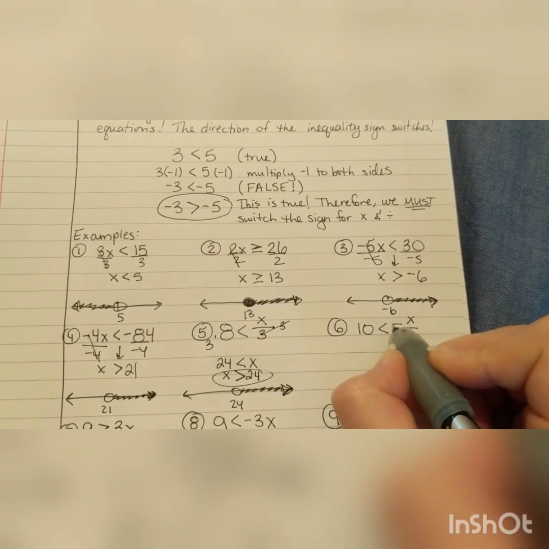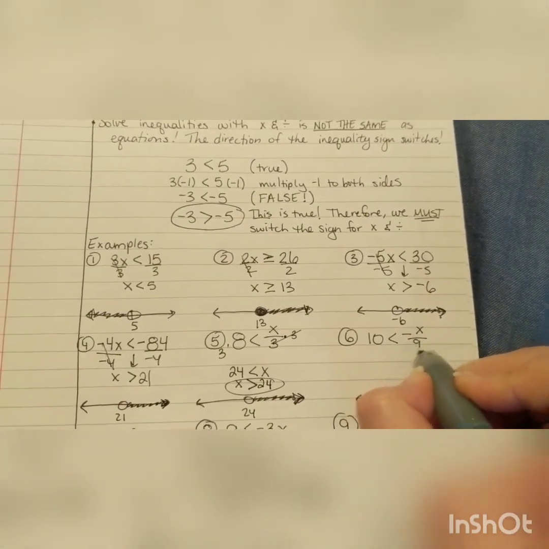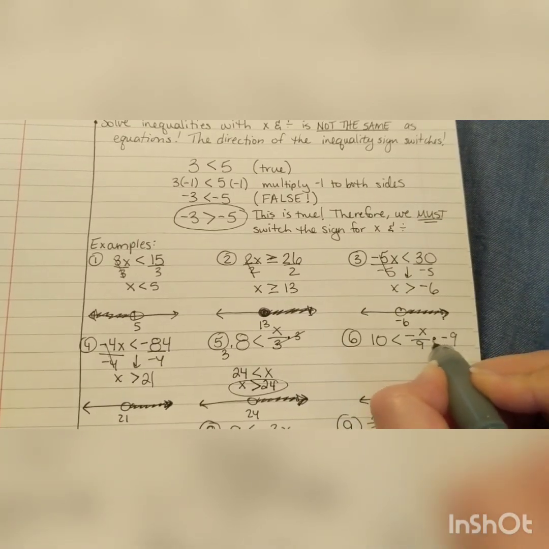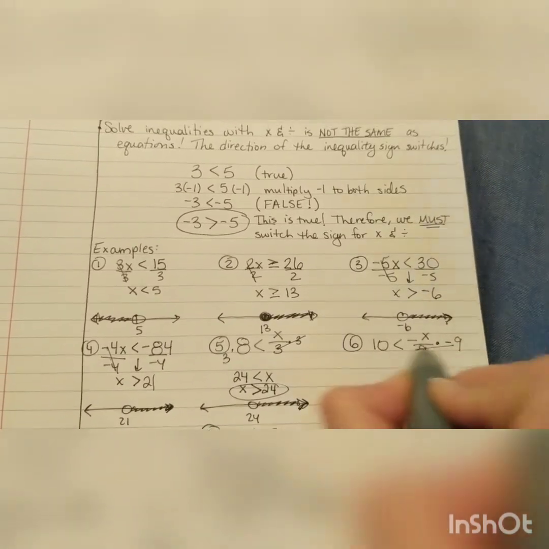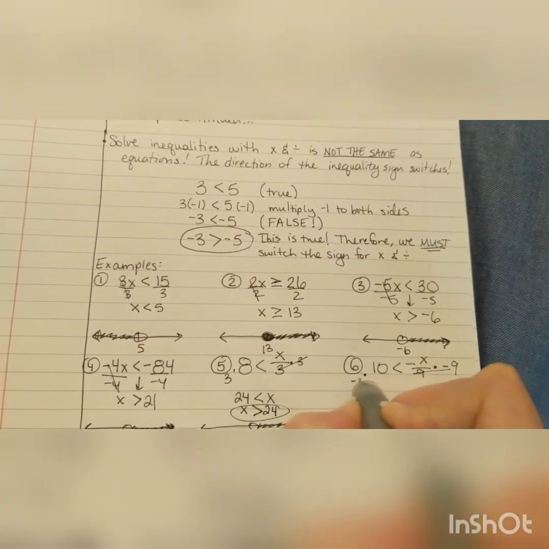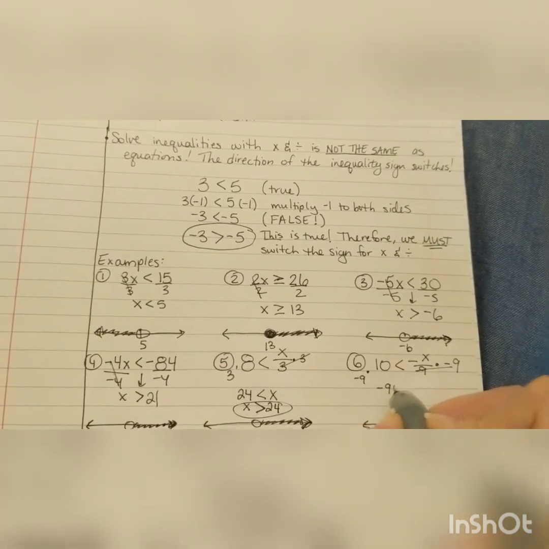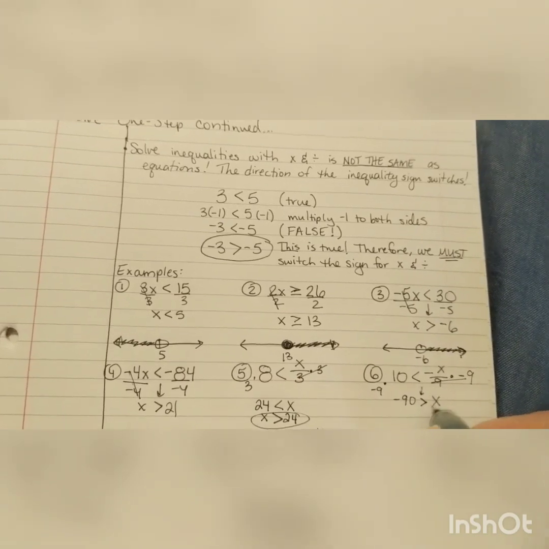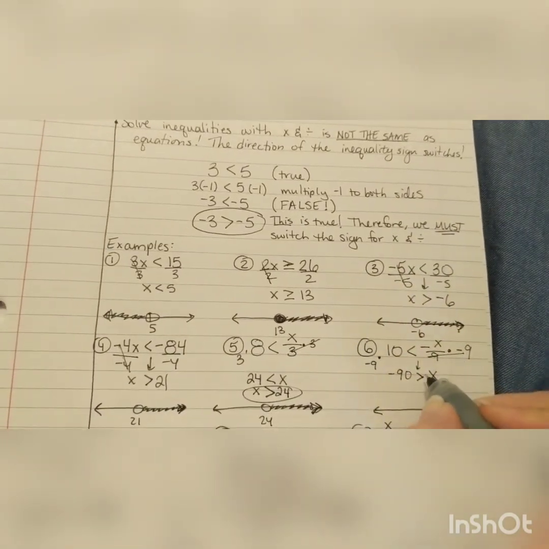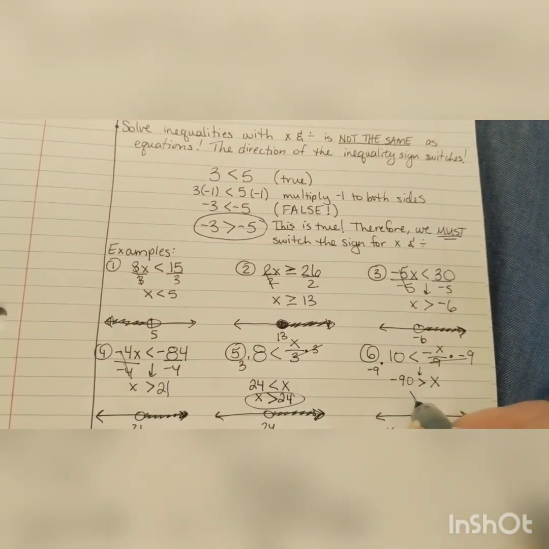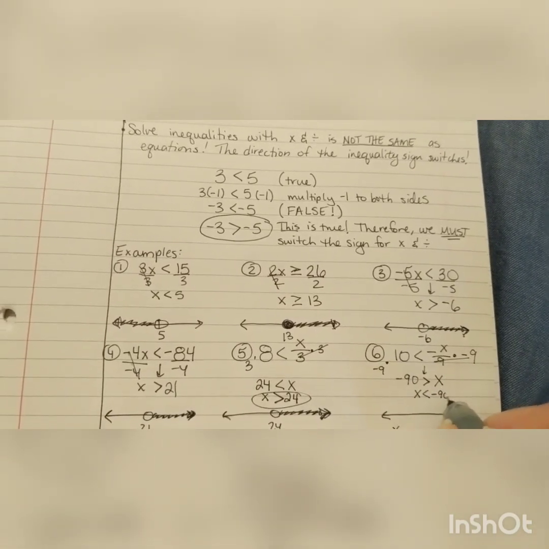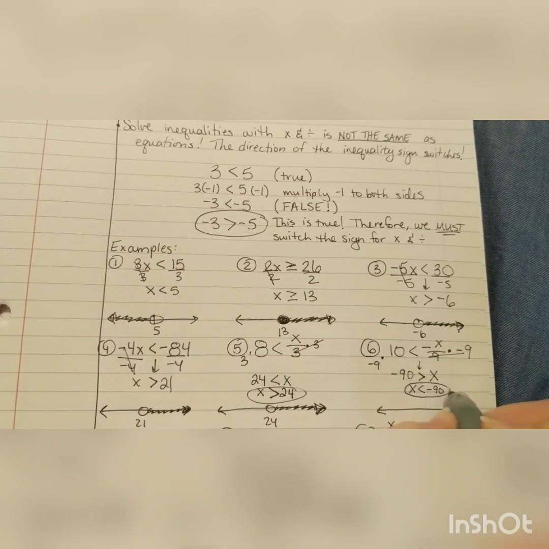So this one is a negative x over 9, so I'm going to multiply by my -9. That negative and that negative are going to cancel out, and those 9's are going to cancel out. So I get -90 is greater than x because I multiplied by that negative. So I'm going to switch this around. It's pointing to my variable, I'm going to maintain that.